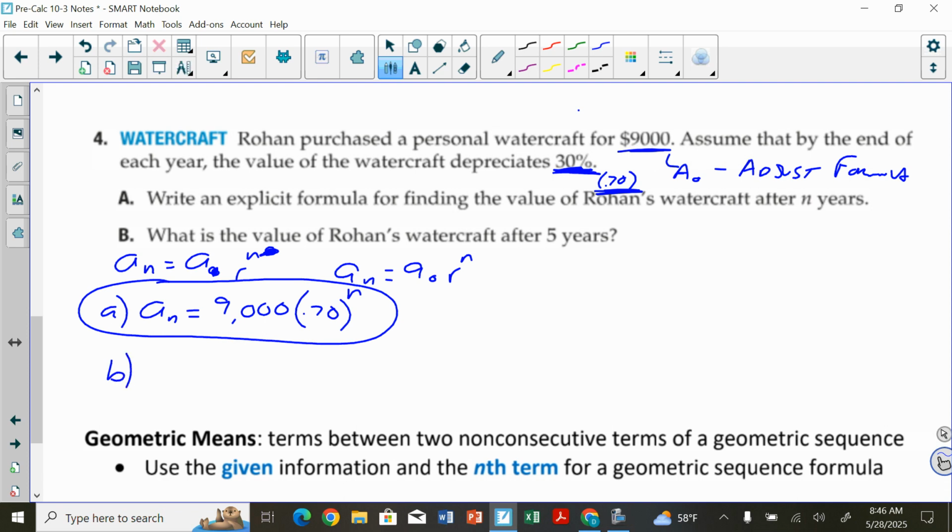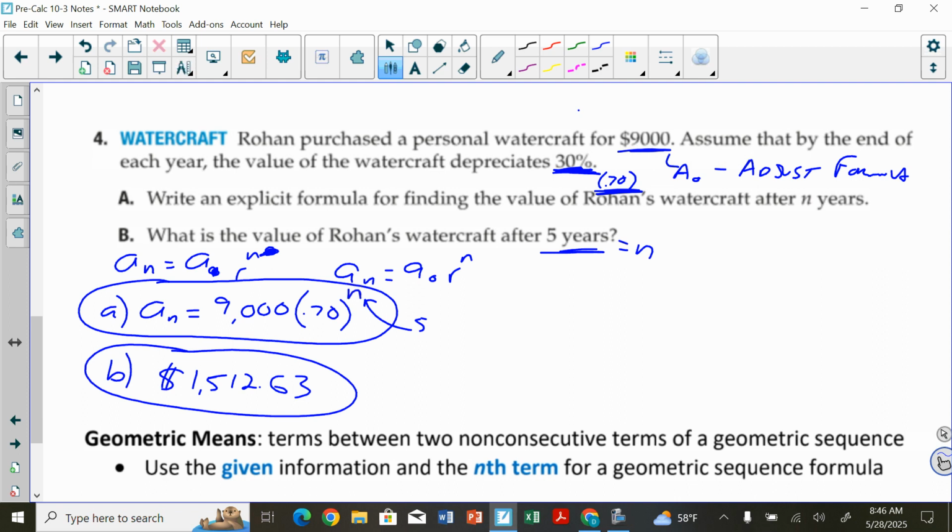And then for B, we're looking at n equal to 5 years. So if I plug 5 into the equation here, I can calculate that out, and after 5 years, it's worth this much, not as much. It went down to about $1,500 from the 9,000.